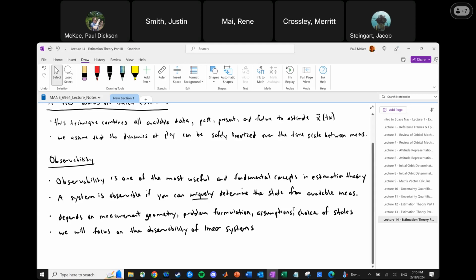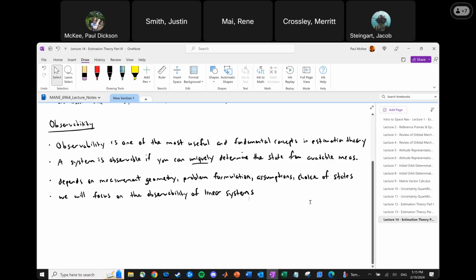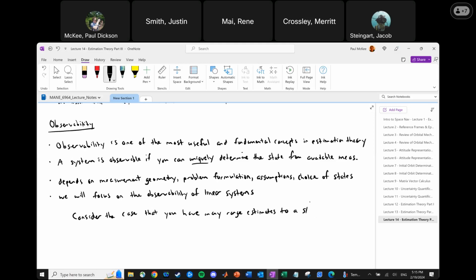So let's just take an example that we can think about for ourselves. Consider the case that you have many range estimates to a spacecraft over time, and you're trying to batch estimate its position.